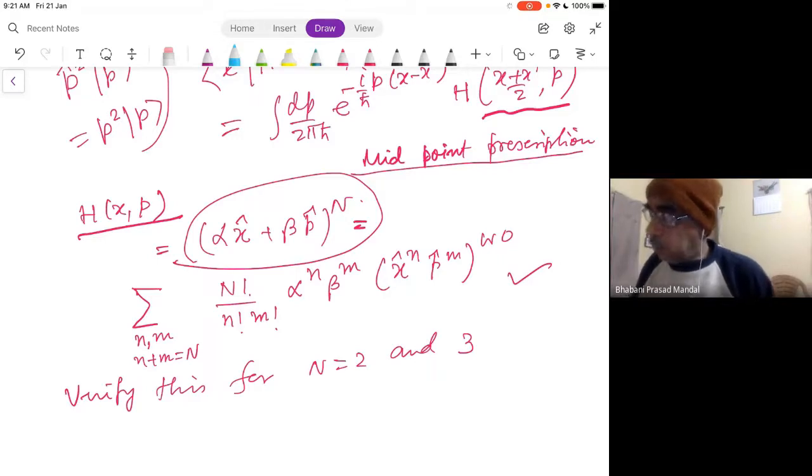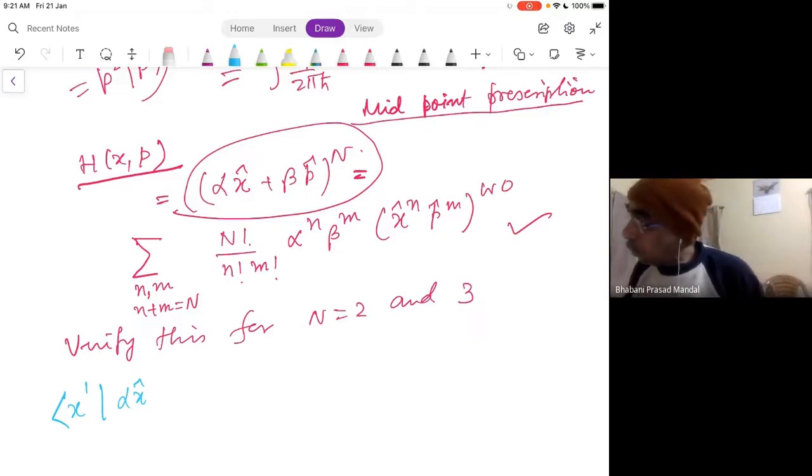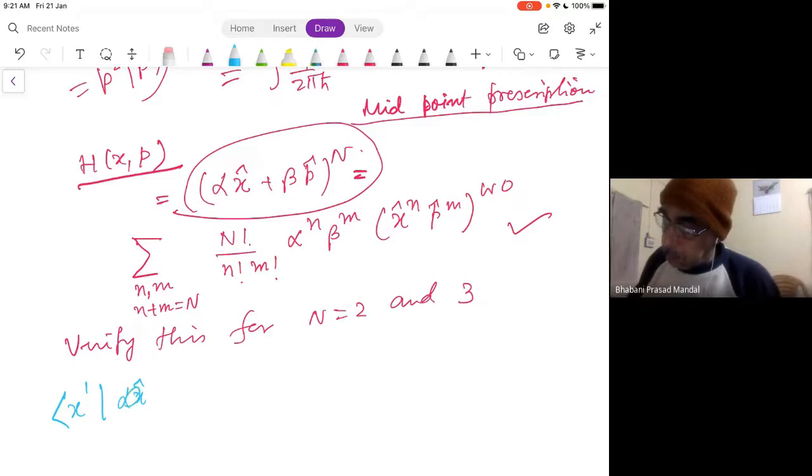2 is very simple, 3 you will need a little bit of calculation. But now let us calculate, assume what will happen to this quantity's expectation value, x prime, e to the power alpha x plus beta p, x.